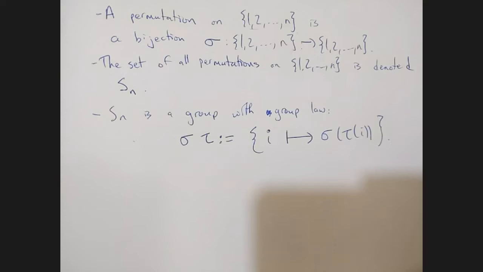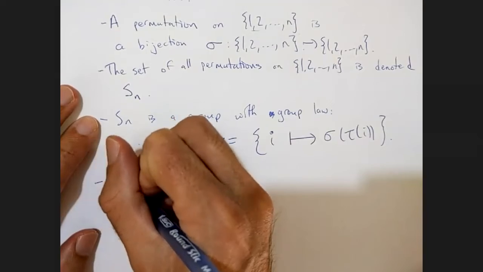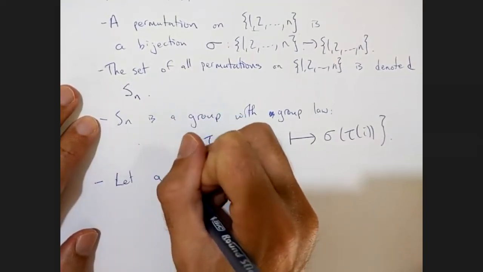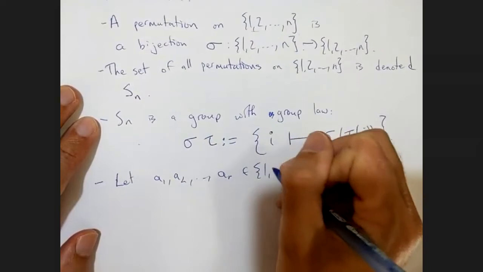But we need to talk about a special kind of permutation, for which we have a notation, and that is a cycle. Let a1, a2, up to ar be distinct.